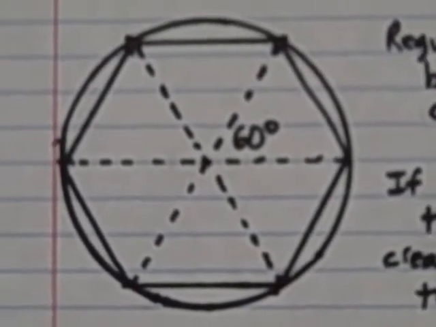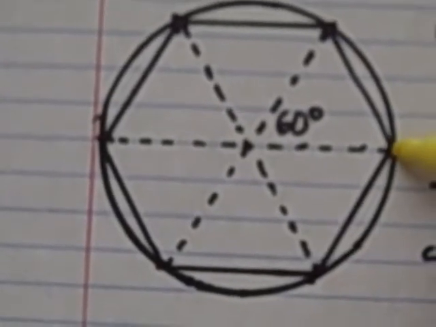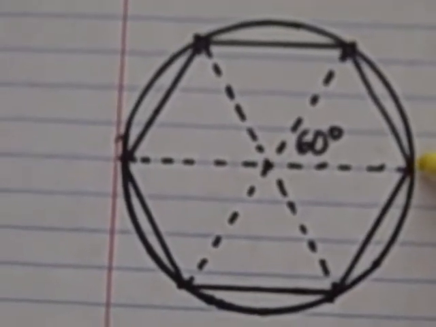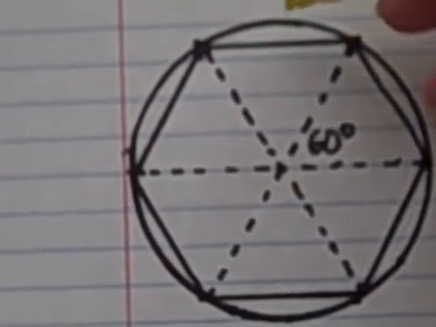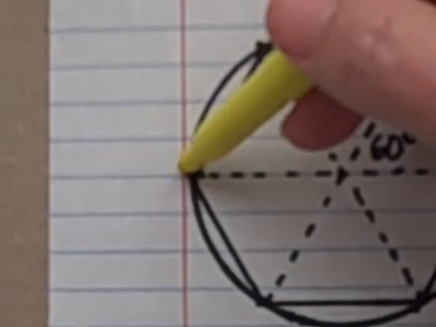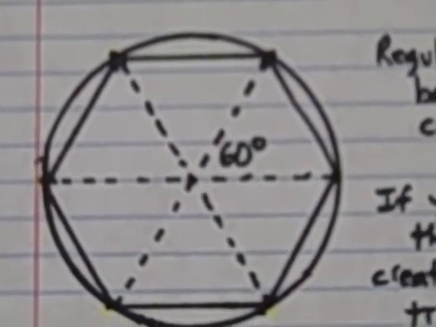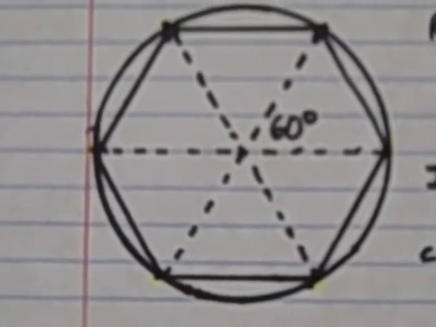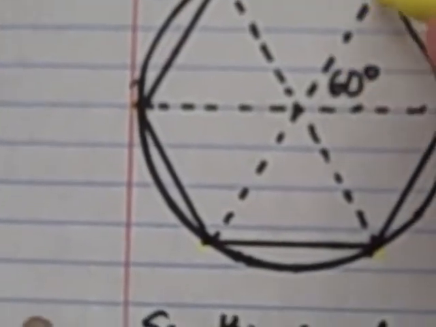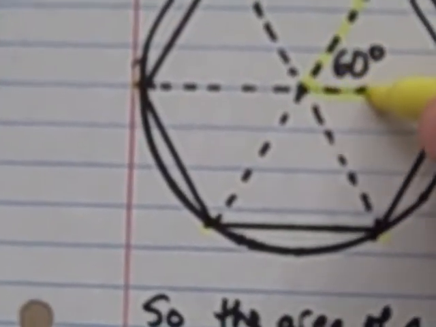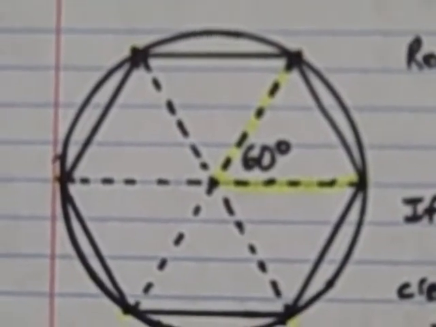And what you do to create a regular hexagon inside the circle is to draw the circle, mark off your center, and then since a hexagon has 6 vertices, you would mark 6 points on the circle that are all 60 degrees apart, because 360 divided by 6 means that they're 60 degrees apart, which means that each central angle that contains those 60-degree arcs is also 60 degrees.